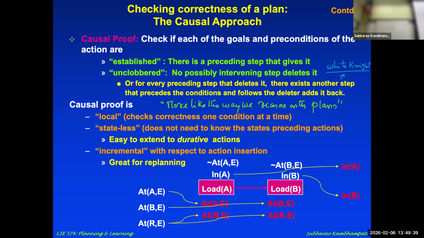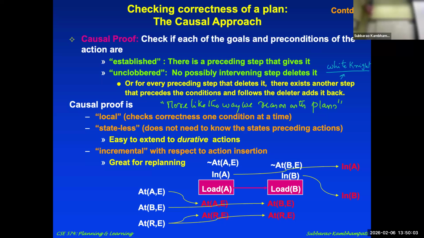But really, if I give you a plan like load A, load B, with in A and in B as the goal, how do I check if this is the correct plan or not? One way of doing it is to ask: is there somebody in this plan which gives in A as its effect? Load A gives in A. So I'll remember that there's a link.